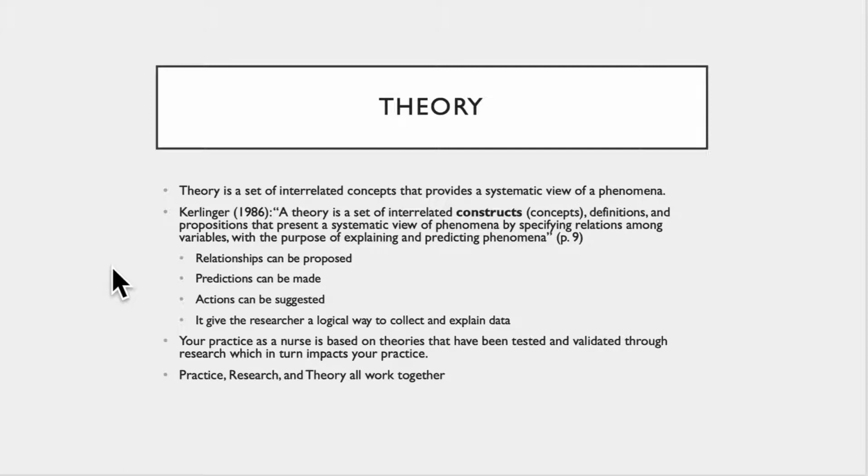And after you can make the predictions, you can take action, or you can suggest action to improve, in our case frequently, the outcomes of the care we provide. It gives the researcher a logical way to collect and explain data.